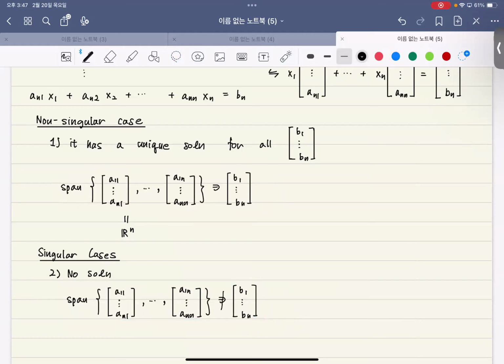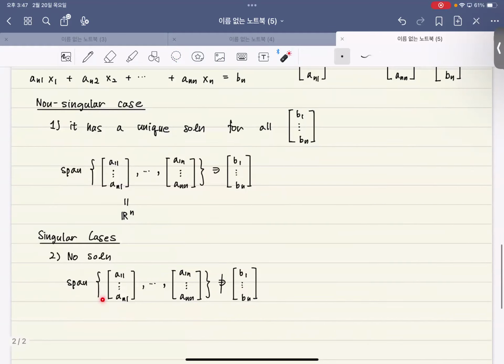Having no solution means the column vector on the right is not a member of the span of these columns. And in this case, the span of these columns should be strictly less than the ambient space Rn, a proper subset of Rn.